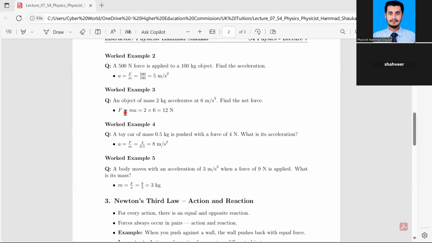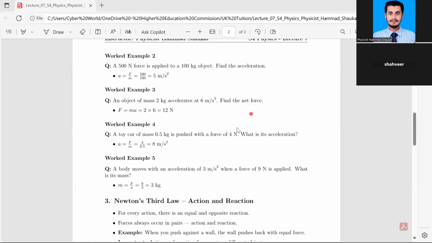Third example, an object of mass 2 kg accelerates with 6 meter per second square. Find the net force. What does net mean? Total force. Okay. Whenever you see the word net, it means total. So again, it's asking you to find the force.